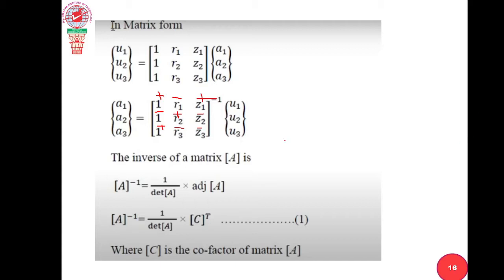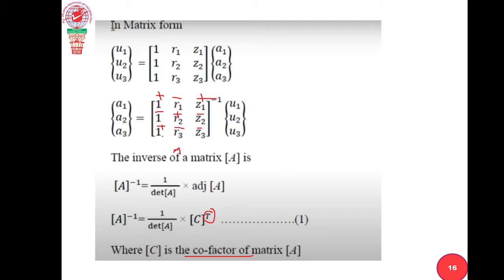Now, adjoint. Adjoint is nothing but the transpose of the cofactor matrix. The cofactor matrix is built from the A matrix. Therefore, this is my A matrix. Now, to find the adjoint, can you tell me? See, take the first one.